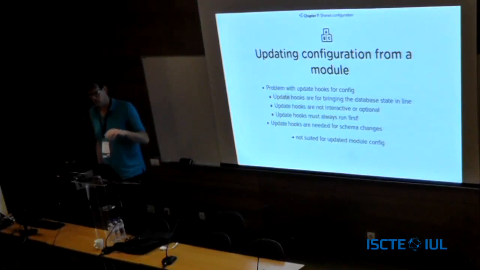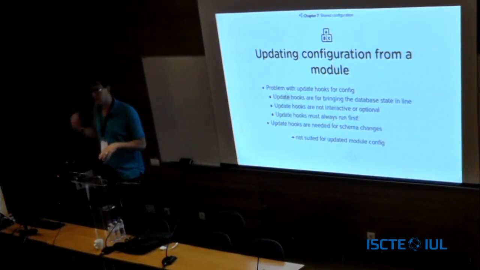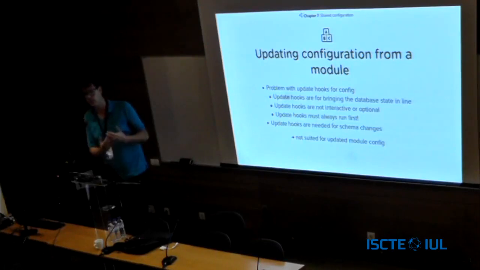They're made first and foremost to put the database back into a state that it can work with the files that you currently have. So when you change the code, you need to make sure that the database is in a state that the code is able to read from the database. So you need to update the database so that Drupal can work again.